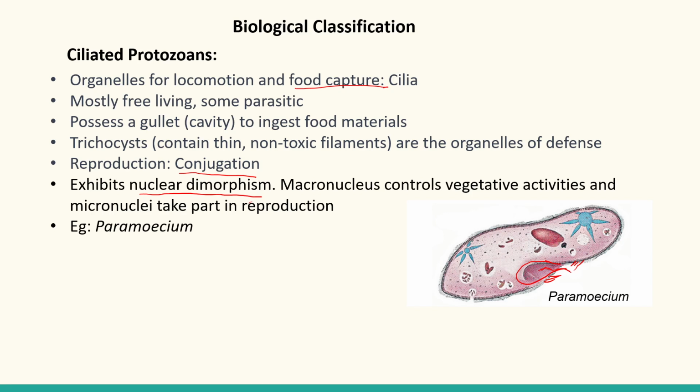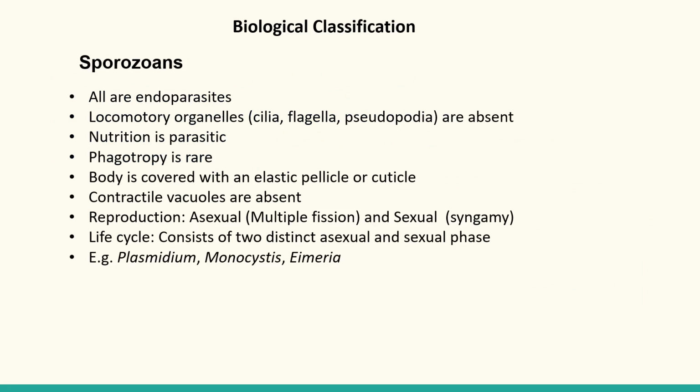Macronucleus, as you see in the diagram, is the large one, and micronucleus. The macronucleus controls vegetative activities, and micronuclei take part in reproduction. An example is Paramecium. The fourth one is sporozoans.